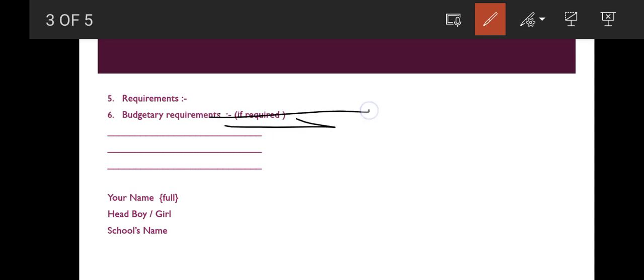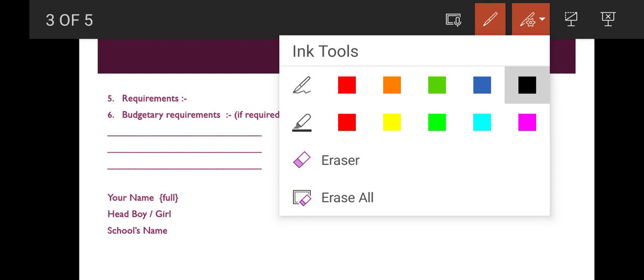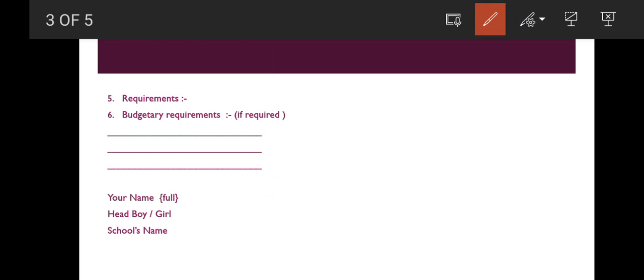If you are collecting everything by yourself, you could write, since we have collected all the things by ourselves, no budgetary requirements is required now. Simply write that. You do not need to elaborate any point.